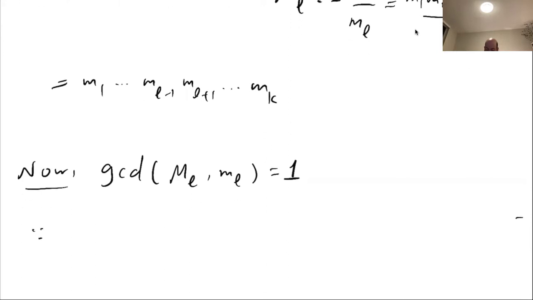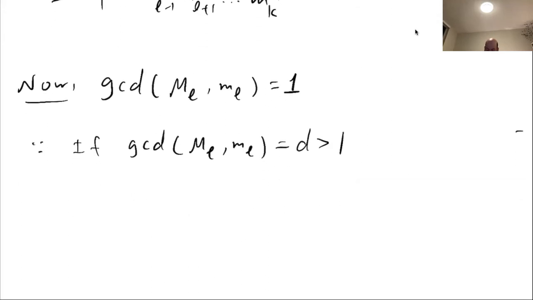Now, GCD of capital ML and ML equals 1. Why? Because if not, if GCD of capital ML and ML equals, let's say, some D, which is bigger than 1, then what can I say?